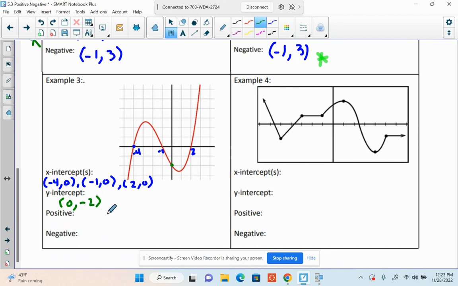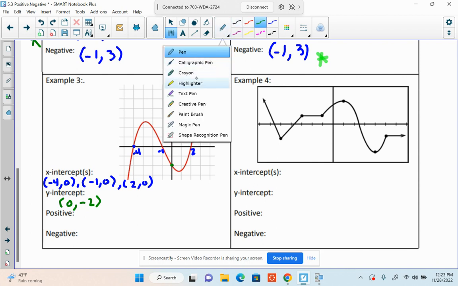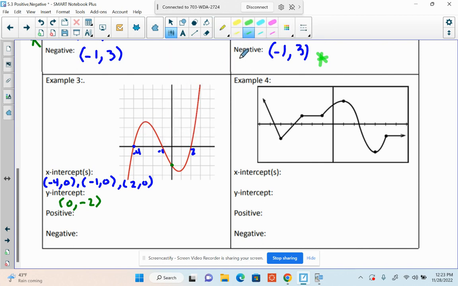Okay, where is it positive? Let me highlight the positive parts. Where is it above the x-axis? I think I'll highlight in yellow this time. It's above the x-axis between -4 and -1. And then again, let me write that part down. From -4 to -1.